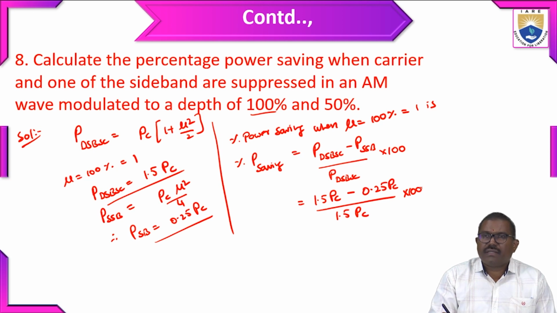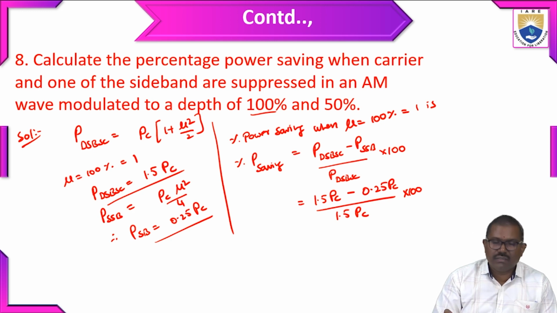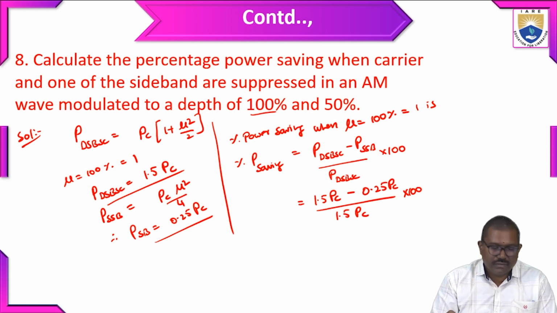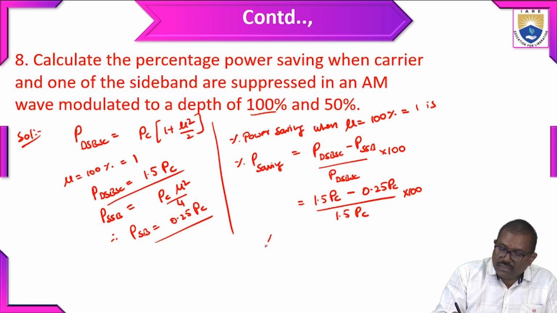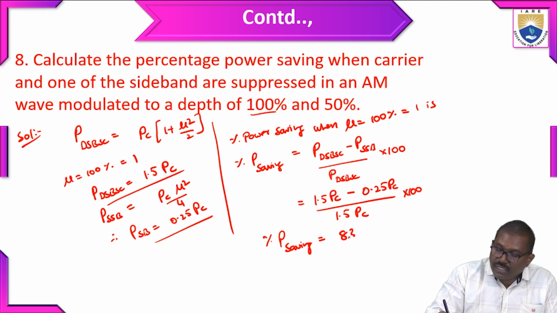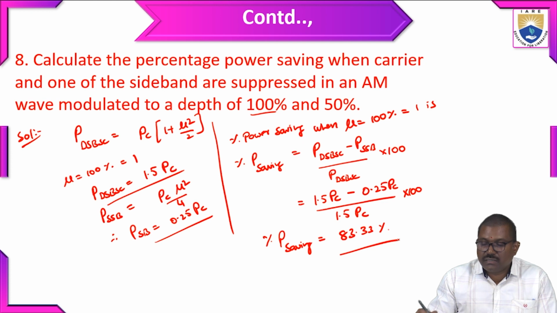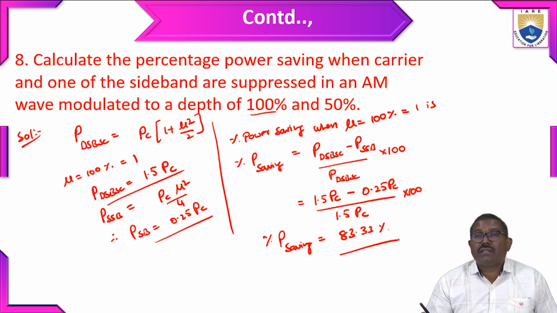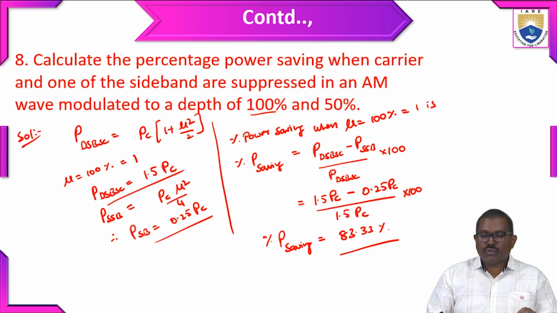You can take Pc common and cancel it. So 1.5 minus 0.25 divided by 1.5. Using the calculator, you get the percentage of power saving as 83.33%. So this is for mu equal to 100%, where mu is 1.